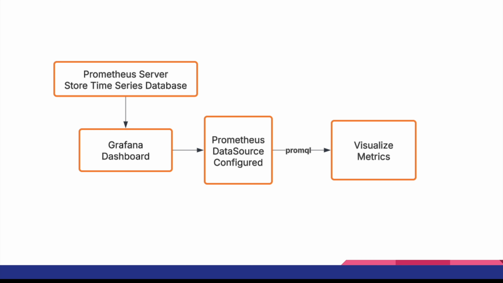Using those PromQL queries, you can create the dashboard and visualize the metrics. Grafana also provides inbuilt dashboards that you can directly use, or you have an option to create a custom dashboard yourself.